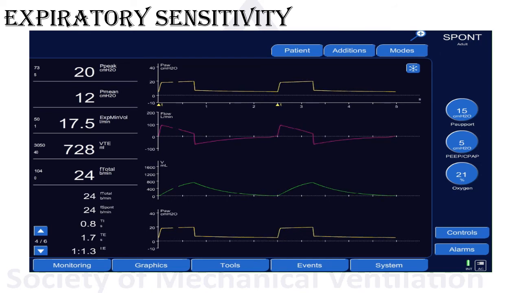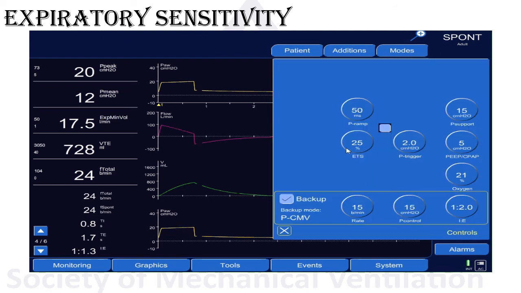Basically, in spontaneous modes, like pressure support, it's usually a flow cycle, meaning that when the flow decays down to 25%, the inspiratory phase will stop and exhalation will start. This is usually the default at 25%, but in most new ventilators you can decrease it or increase it.